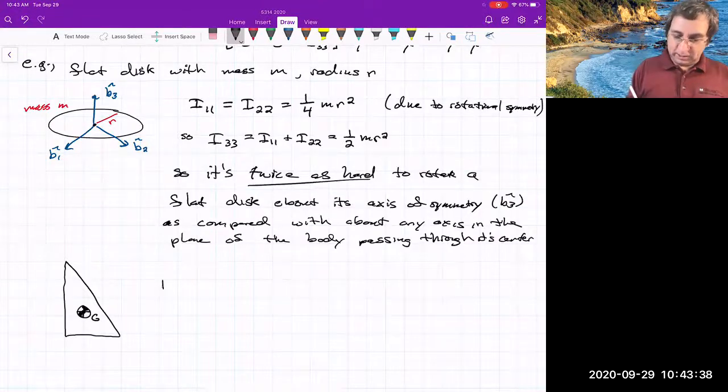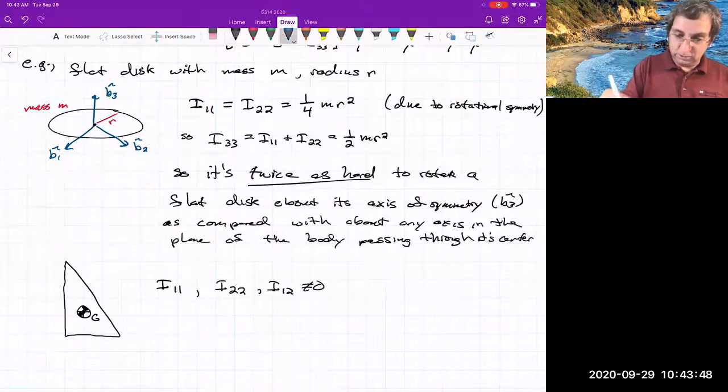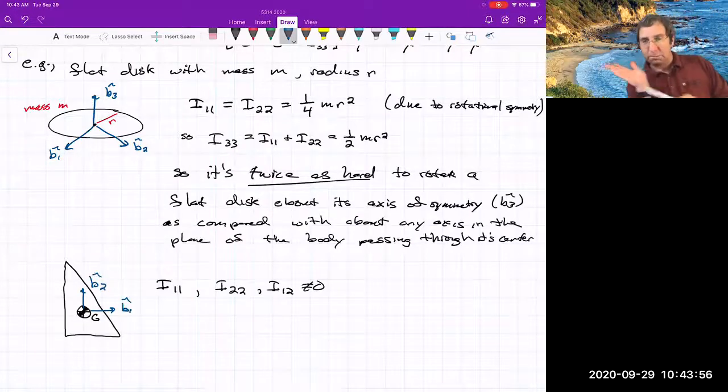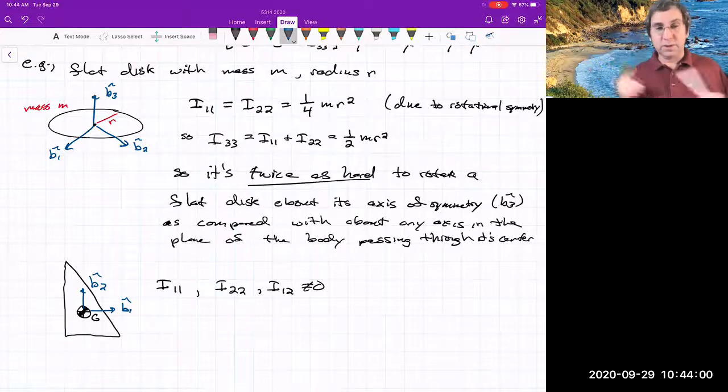You would get something for I11 and I22. You'd actually get an I12 that's not 0 if you used directions that are just the main ones you would use, something perpendicular to the bottom and something perpendicular to the top. That's an easy natural choice.